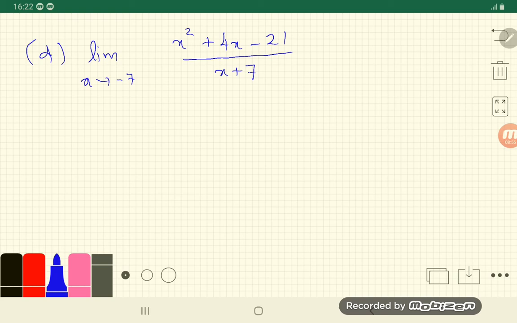If you substitute the value of -7 into your denominator, the answer should be 0. So it will give you the indeterminate form, with no solution. So you need to apply the factorization technique there. For the solution, let us discuss it in our live session. I reserve it for you to try.